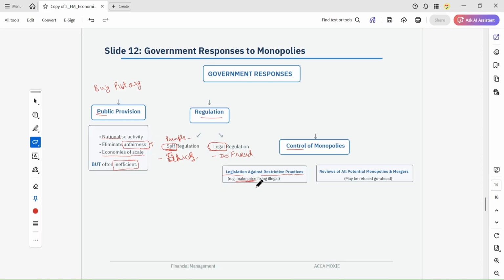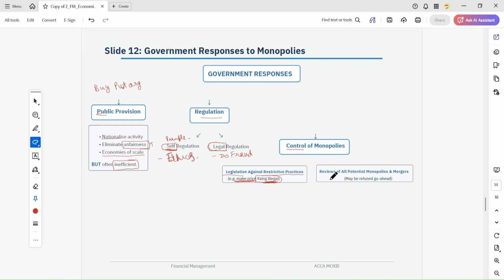These types of situations can be restricted by making price fixing or price increasing illegal. So the government makes regulations that if you fix the price differently in summer and in the rainy season, that price fixing is illegal.